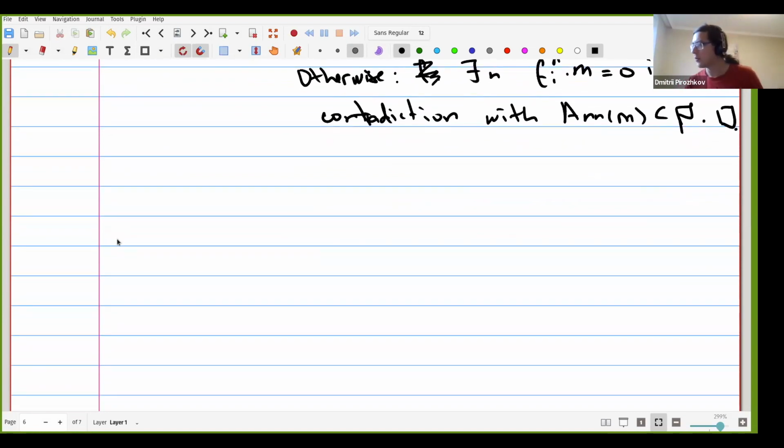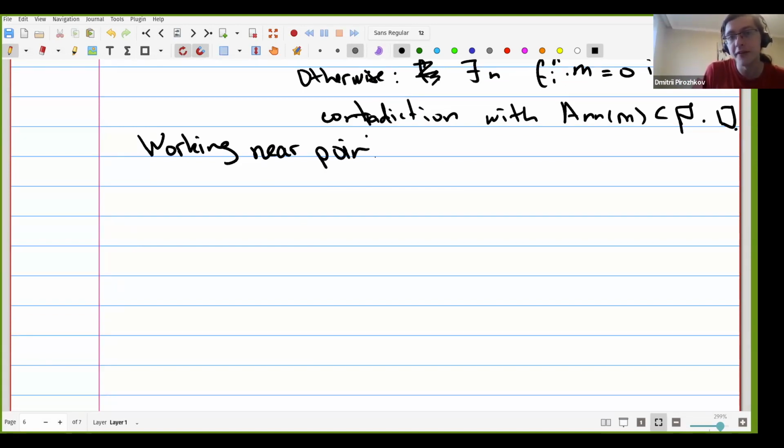Okay, so this is something very useful, but what we can also do is, instead of looking at distinguished open subsets, we can work near points of Spec A. So we have some point P here.